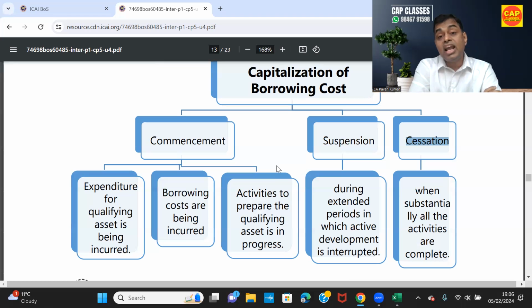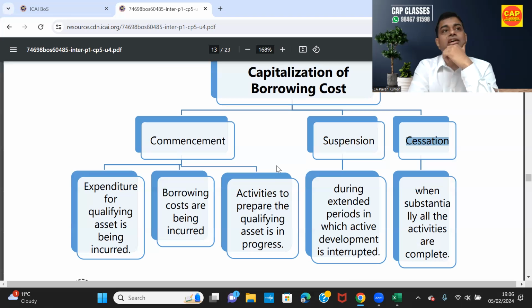Now, is it avoidable? Is it non-avoidable? If it is water level, if it is a flowing river, if it is rains, it is unavoidable. So that 1 month, you can continue capitalizing borrowing cost. Sorry, it is normal, unavoidable.